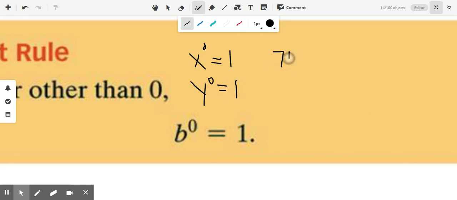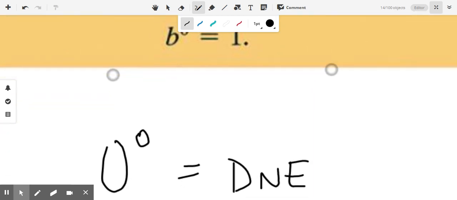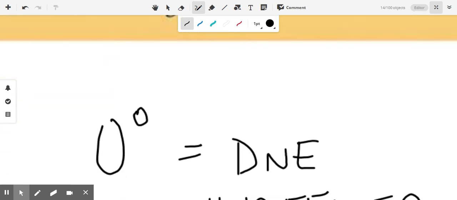If I have 752 to the power of 0, that equals 1. The only thing that raised to the 0 power that is not 1 is 0. You cannot raise 0 to a power of 0. It does not exist. Anything else raised to the power of 0 is equal to 1. So please remember that rule.